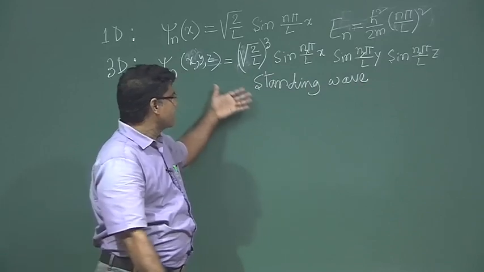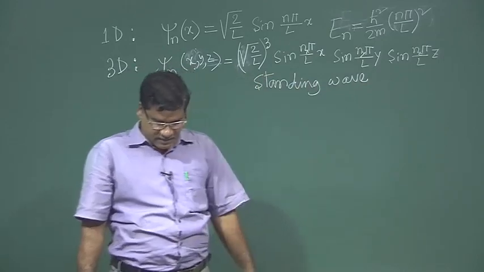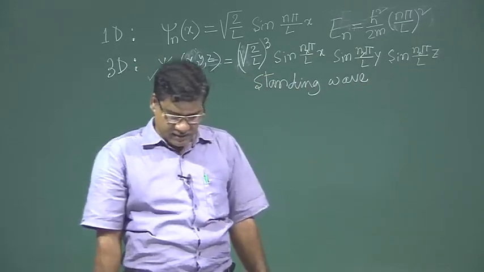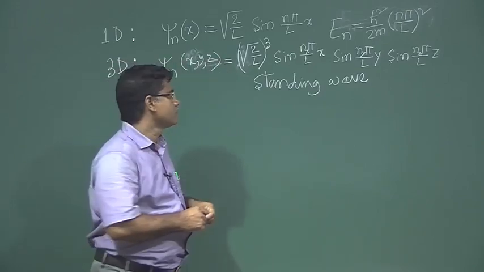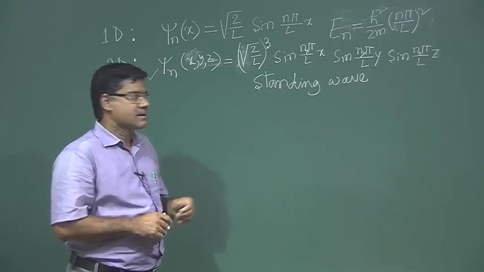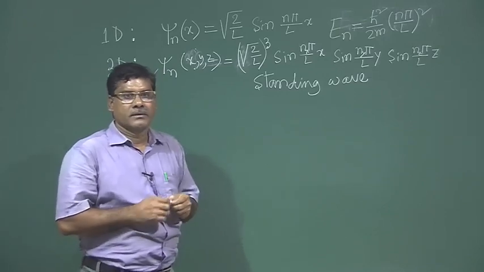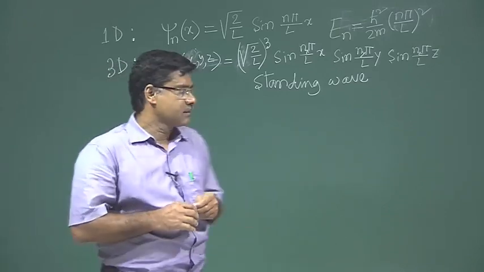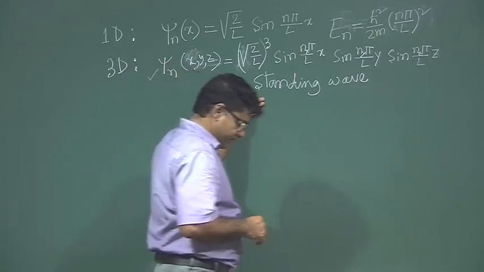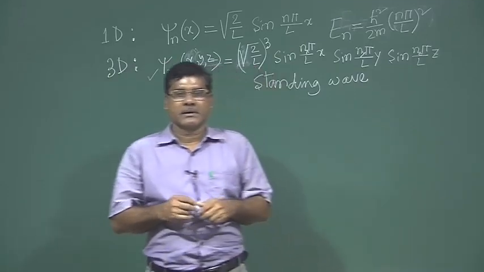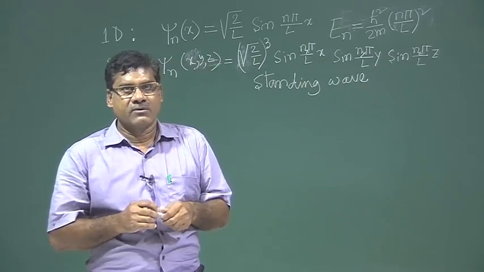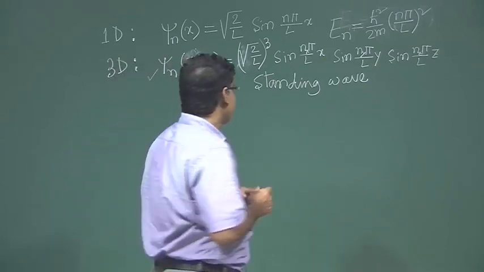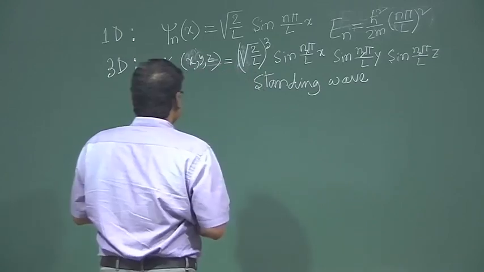Using this wave function and corresponding energy one can find it, but there is a simpler way to deal with this 3 dimensional problem. Instead of taking the standing wave, if one takes the travelling plane wave, then it will be simpler and easy to calculate.